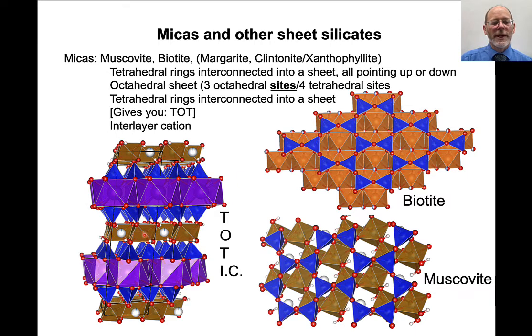Now, one thing I'm going to point out as well about the octahedra in micas is, remember, the octahedra have certain pointing directions, and in micas, these octahedra all point in the same direction. So even though the sheets have this hexagonal symmetry, micas do not belong to the hexagonal crystal system because the C-axis is bent. It's at an angle to these sheets.